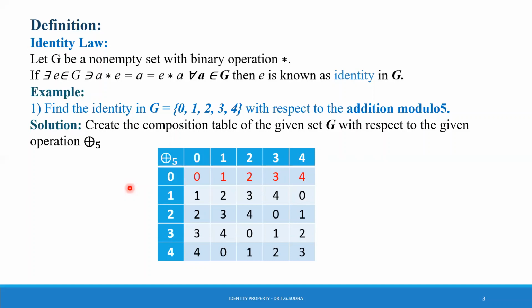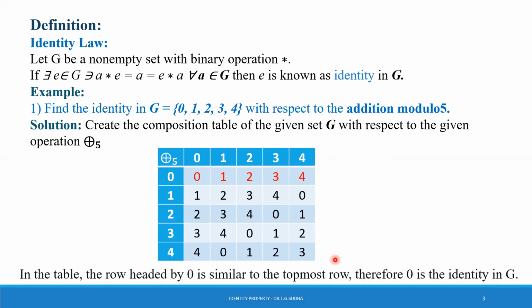When we look into the composition table, the row headed by 0, that is 0, 1, 2, 3, 4, is similar to the topmost row, that is 0, 1, 2, 3, 4. Therefore, 0 is the identity in G.